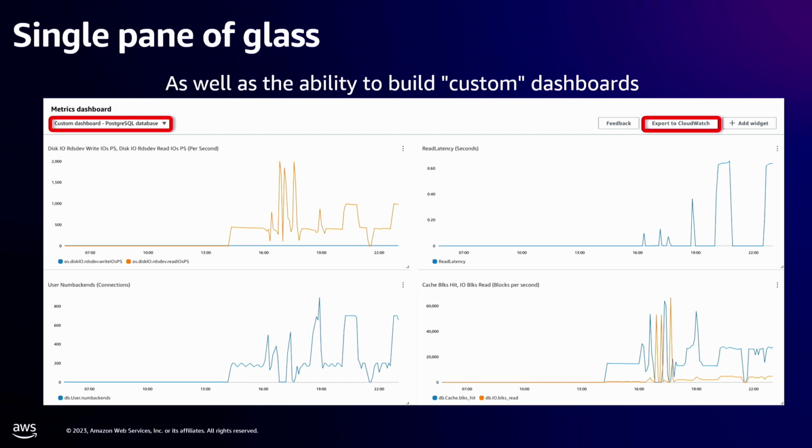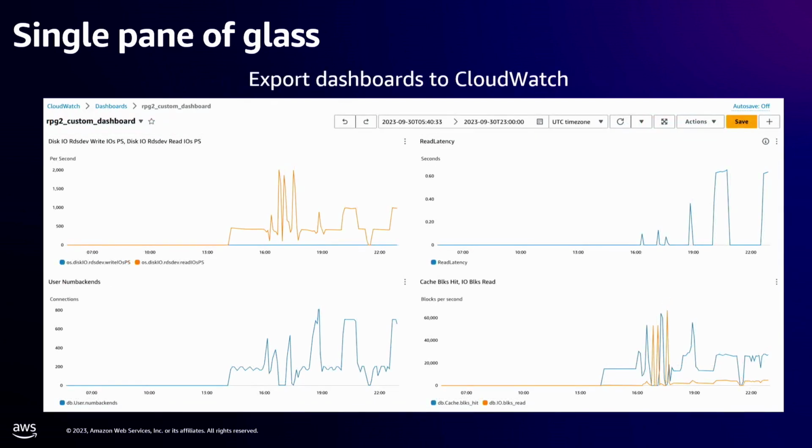Another new feature, which was just released, I believe it was less than 3 weeks ago, is you are now able to take your Performance Insights dashboards and publish them to CloudWatch. And there are, of course, multiple reasons why you might want to do that, but one of those reasons is that CloudWatch has a very rich and well-designed graphical interface that you can use to tune your metric charts to the exact visual specification that you want.